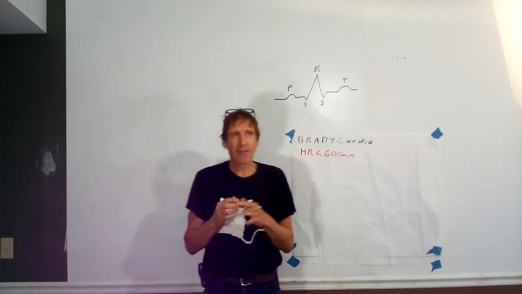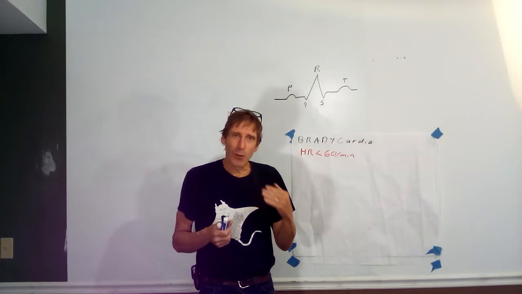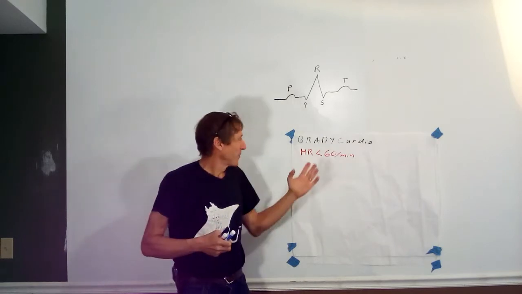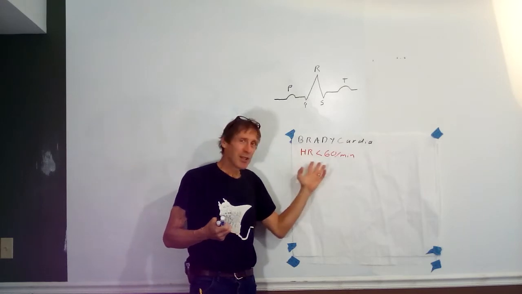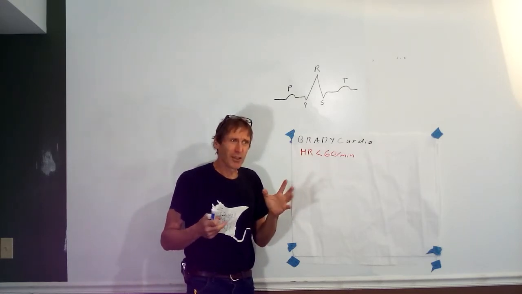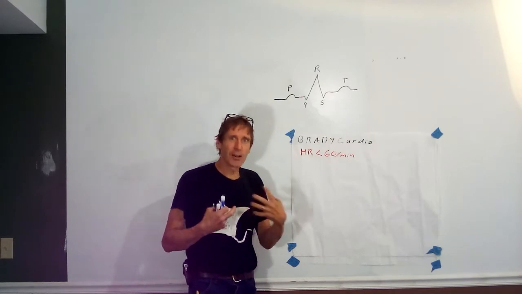Now, anytime you have any of these arrhythmias, you have to look at what it's doing to the heart, because for the average couch potato like me, if I have a resting heart rate under 60, there might be something wrong. Something maybe happened to the pacemaker, and then the next fastest cell took over, so my heart's at a slower rate.